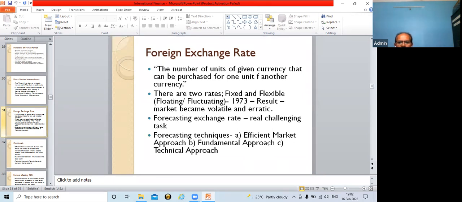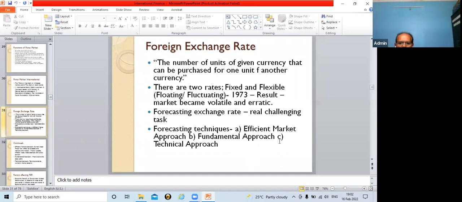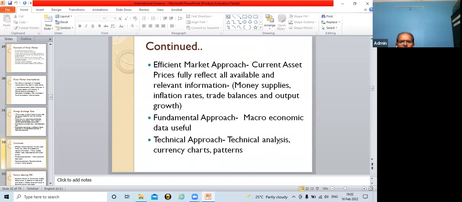This efficient market approach speaks about current asset prices, which fully reflect and it is available on the central bank's website, as well as relevant information such as money supplies, inflation rate of country, trade balances, that is BOT, balance of trade, and output growth.